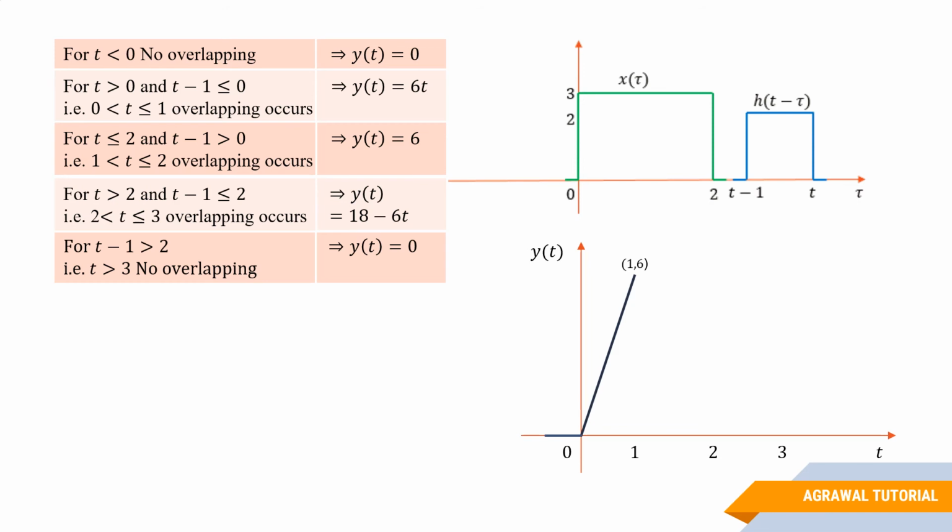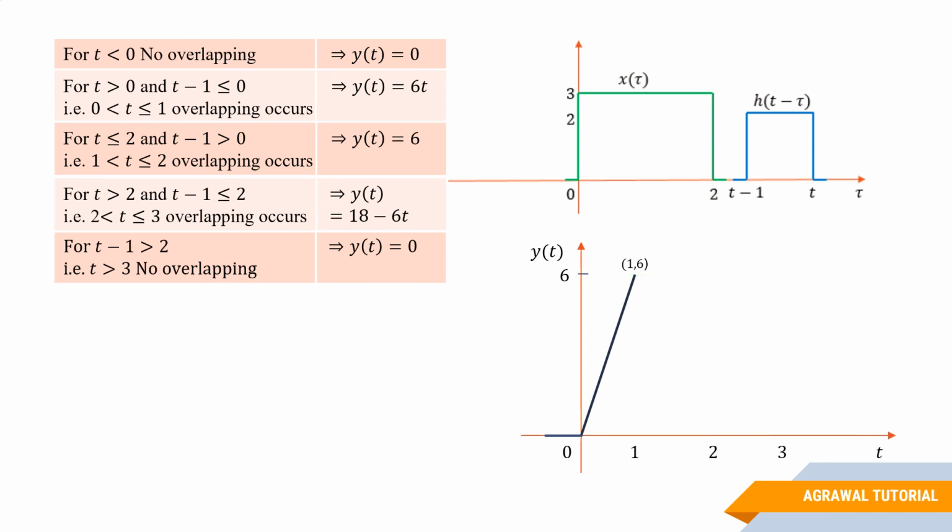And what will be the upper limit and lower limit for this straight line? By putting t equal to 1, we get y of t is equal to 6. And for t equal to 0, y of t is equal to 0. So, we got a straight line varying from 0, 0 to 1, 6. This one.